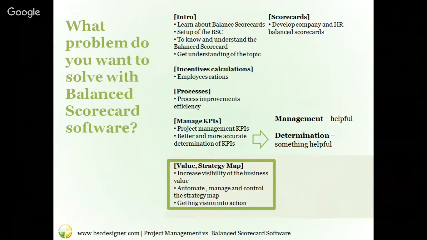But using the Balance Scorecard software for the KPIs only is just like using, for example, a smartphone just to make calls. Yeah, so using KPIs only, it's just like using a smartphone just to make calls. No camera, no email, no internet. You're using nothing but making some calls.